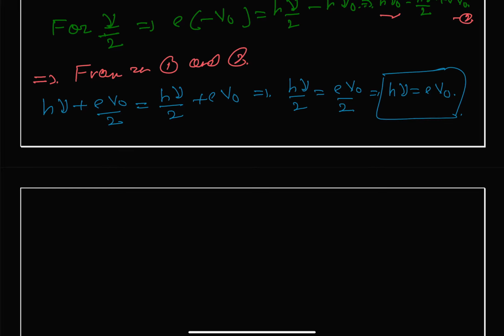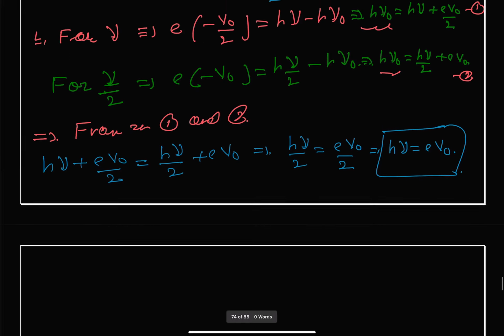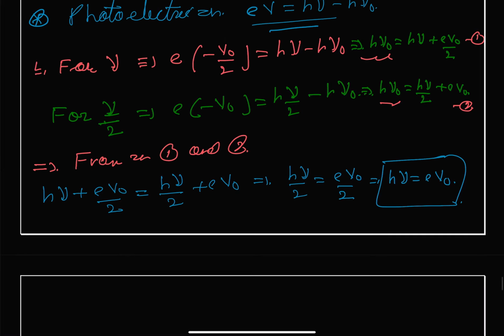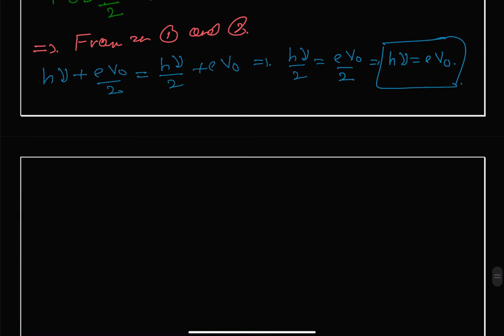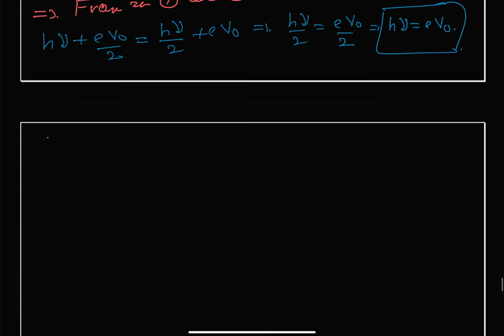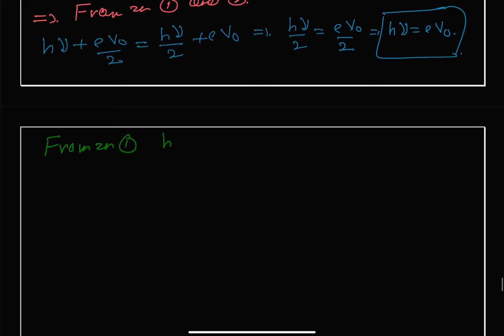And we substitute it back in either equation 1 or equation 2. So from equation 1 we can write that h nu naught is equal to h nu plus h nu by 2.